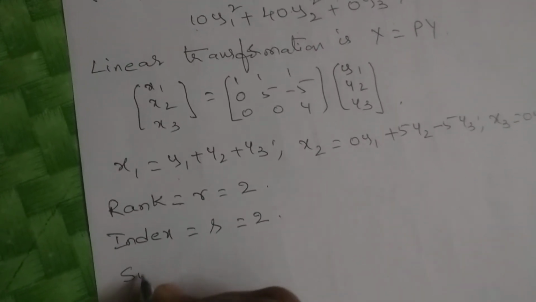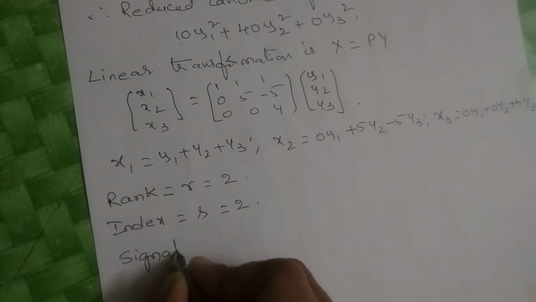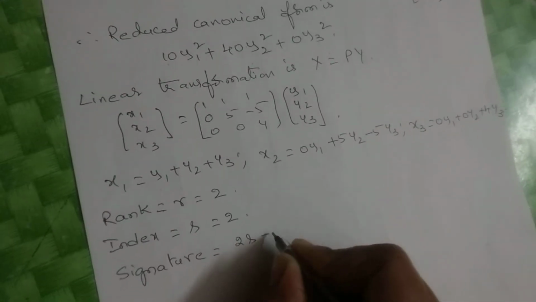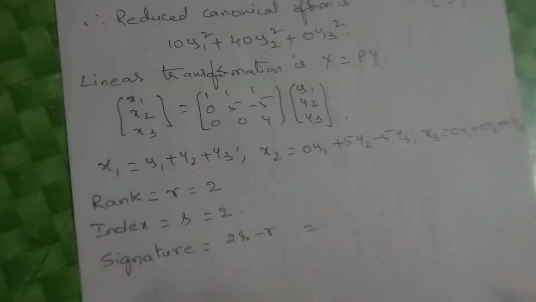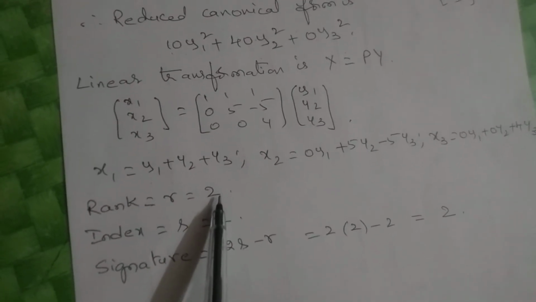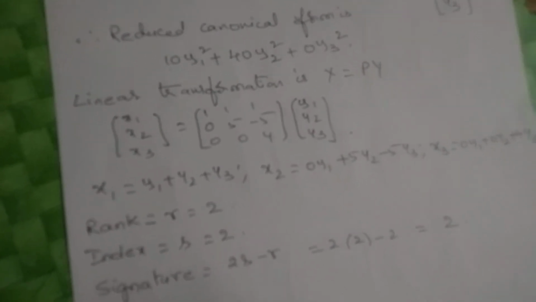Now, what is the signature? Already we know the formula. Signature is equal to 2S minus R, that is 2 into 2 minus 2, which is 2. Therefore, rank is 2, index is 2 and signature is 2. Now, what is the nature?